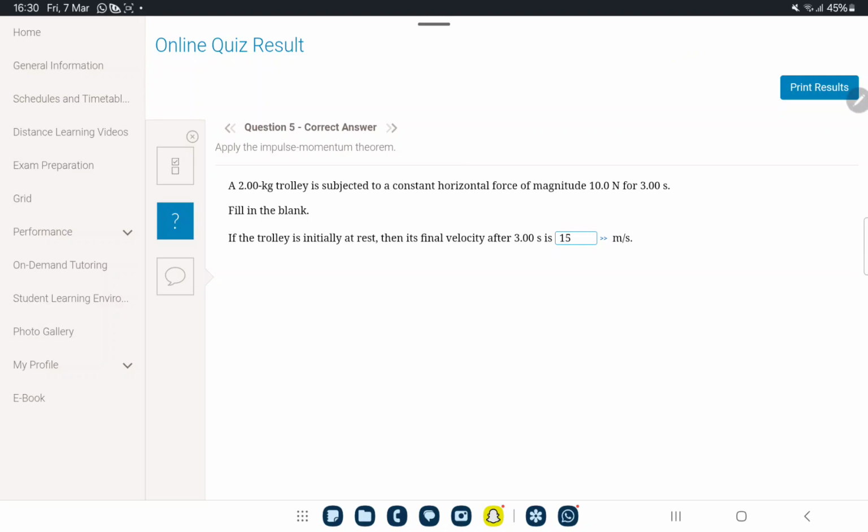They say here a 2 kilogram trolley is subjected to a constant horizontal force of magnitude 10 newtons for 3 seconds, and they want the velocity after 3 seconds. Now we know that momentum p is equal to impulse j, so p is mv and j is ft.